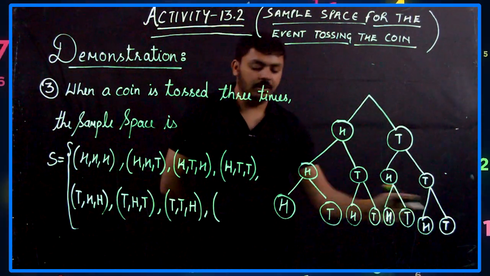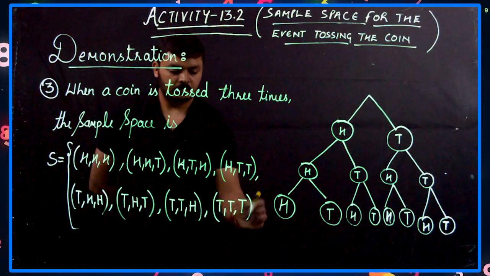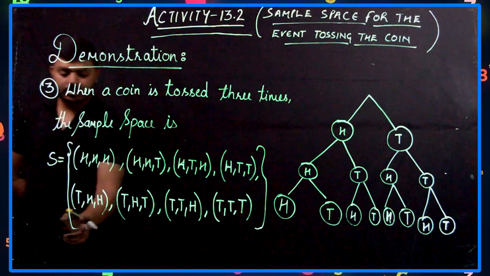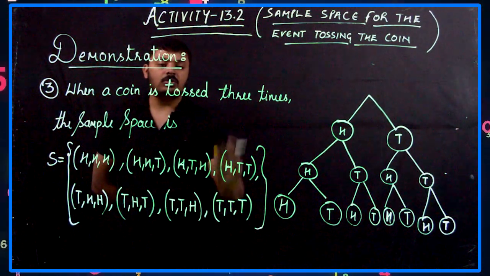Now TTT, that is all the 3 times we get a tail. So this is the sample space when a coin is tossed 3 times.